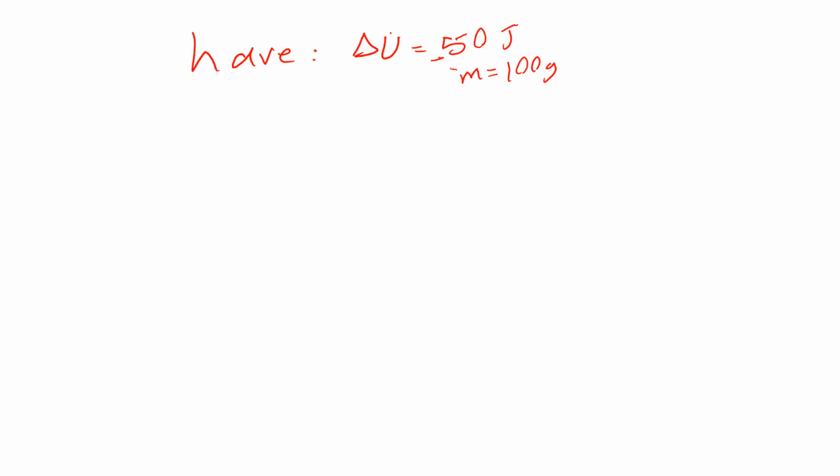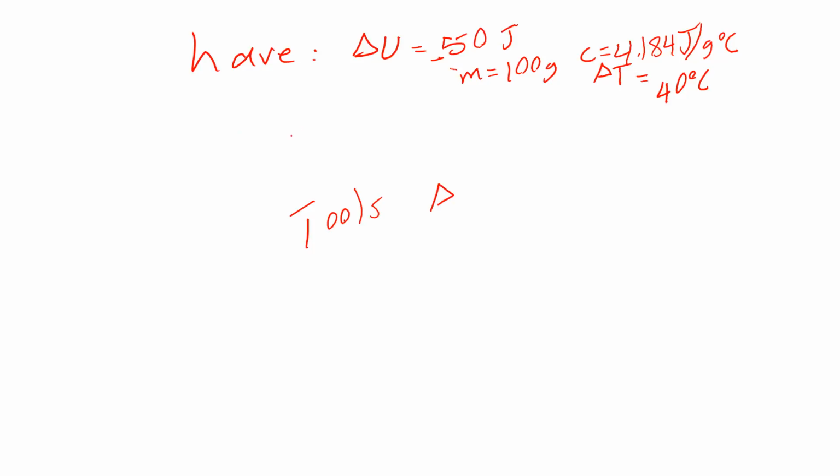We know that C is equal to 4.184 joules per gram degree Celsius because it's water. And we know that delta T is 40 degrees Celsius.